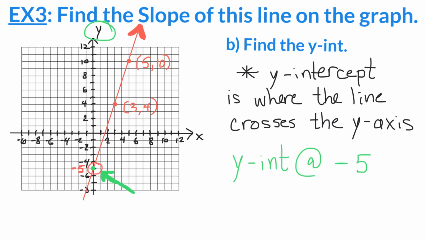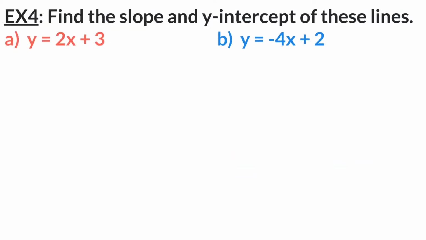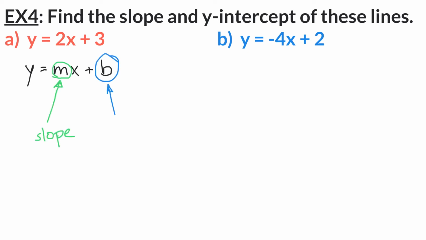Let's look at another example to find the slope and the y-intercept of a formula. Question 1, we have y equals 2x plus 3. Remember, the formula of any line is y equals mx plus b. We know that in the formula of the line, m is the slope and b is the y-intercept.